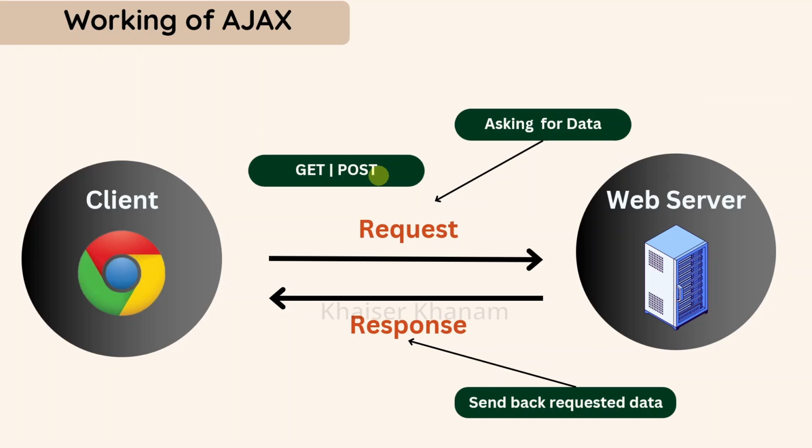Whatever data we are requesting, inside the web server we will have web APIs which hold data in the form of JSON. So whatever data we have requested, the web server will get it from the web API and later send that requested data to the client. So this is how AJAX works. But whatever request we make using an AJAX call will be in an asynchronous way. It is not going to block the rest of the code.